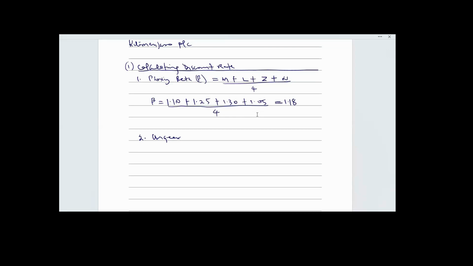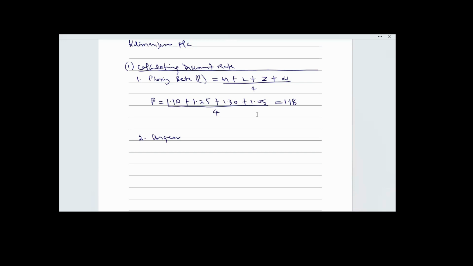If you can see anything like debt, like bond, debenture, loan note, or even bank loan. In this question, all the 4 freezer companies have bank loan in their capital structure. So it means that the 1.18 is geared, and we need to ungear it in order to remove financial risk. Is that clear? Yes, sir. All right.